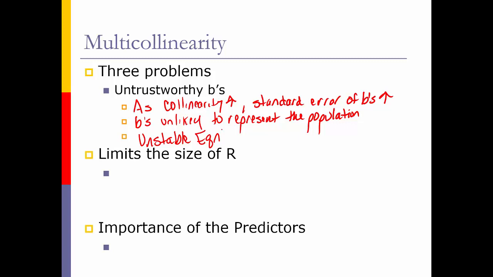Now, what's also going to happen, we're going to limit the size of R. And why is that? We've got an overall variance in the outcome that's accounted for by the two variables.